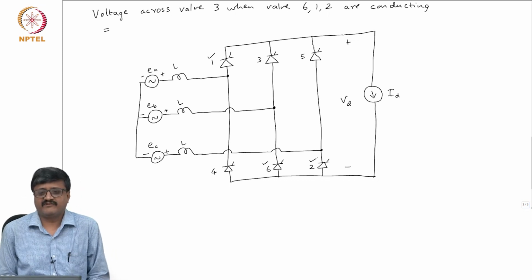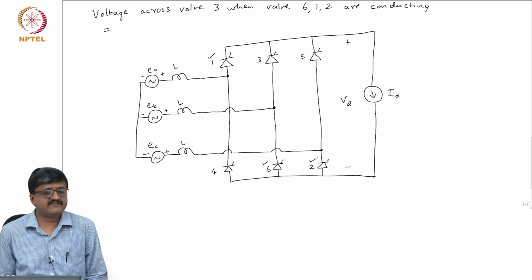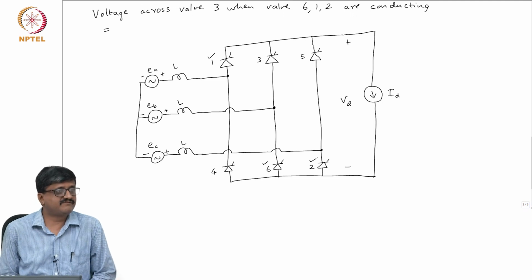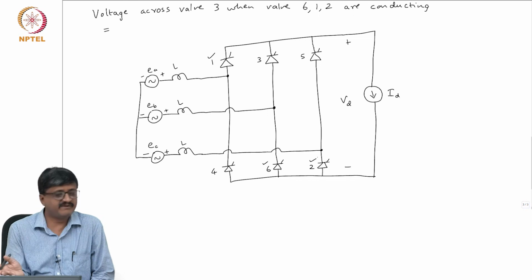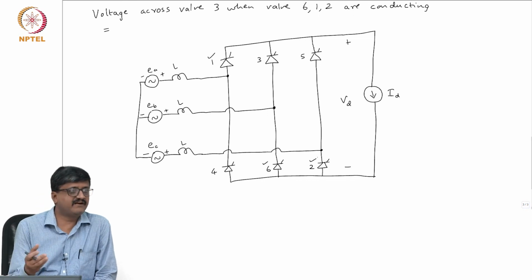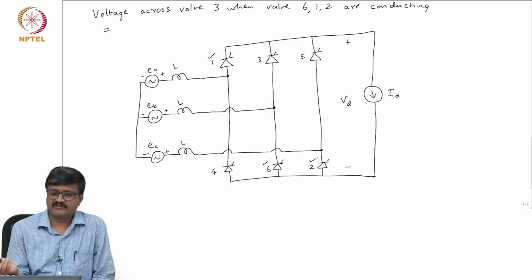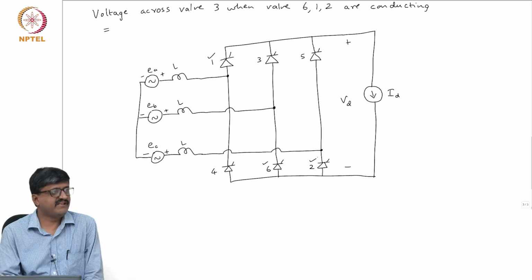Yeah, see, in the table we did not actually get the expression for voltage across valve 3, we got the expression for voltage across valve 1. Again, for getting voltage across valve 1, we used VD, because VD we had already got. So, it is better to write it in terms of VD, and we already know the expression for VD. So, what is it in terms of VD?